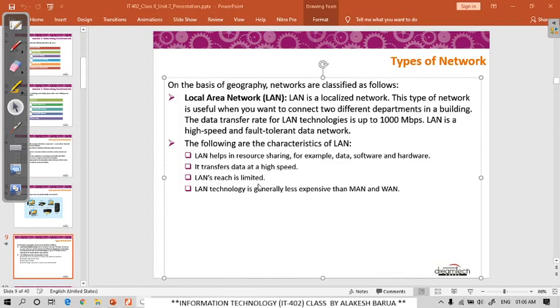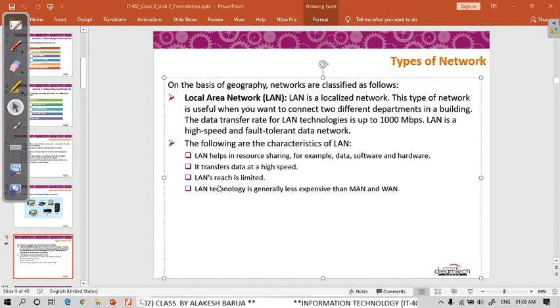LAN's reach is limited, however. If it is under a certain geographical area, let's say a building or an apartment block, then only it is a LAN. If it goes outside that area, it is not a LAN. So the reach of LAN is limited. And one thing that is not mentioned here is that the number of computers that can be connected in a local area network is also limited.